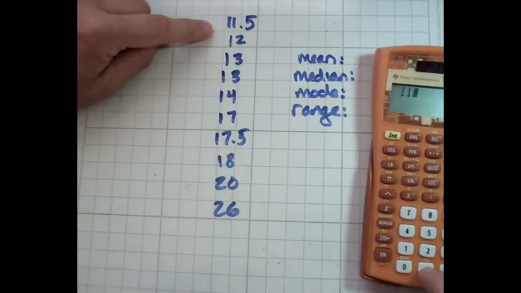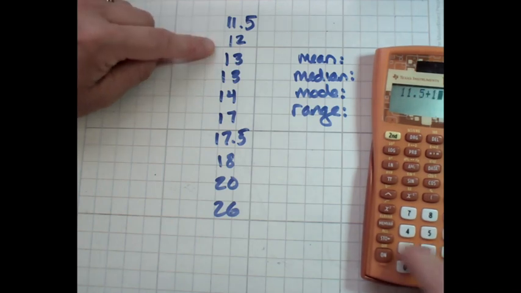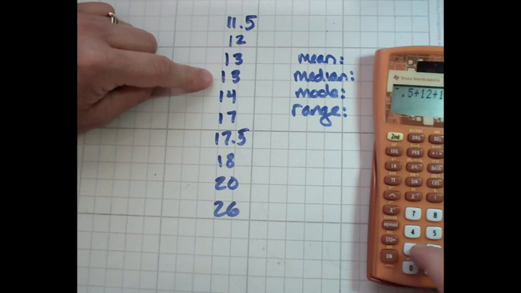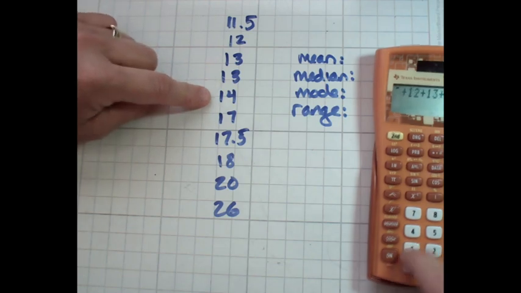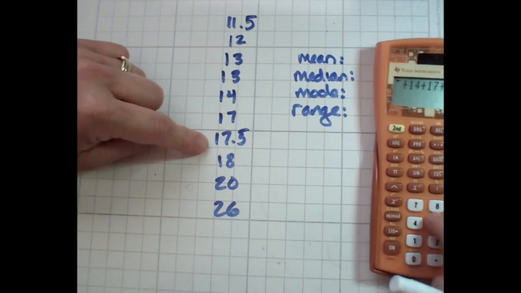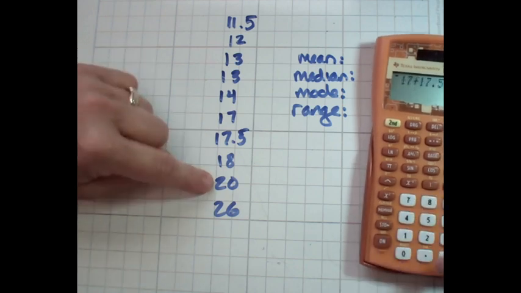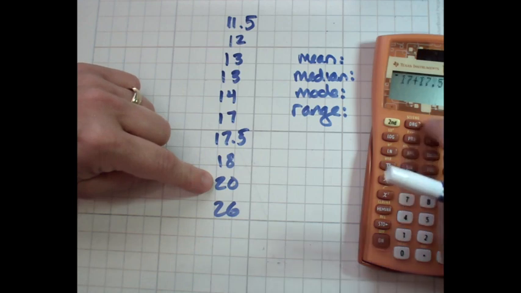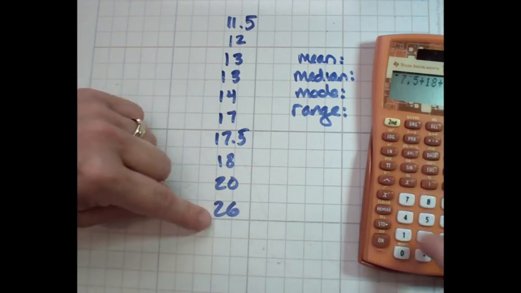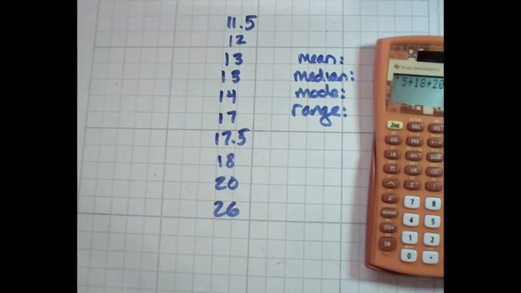So 11.5 plus 12 plus 13 plus 13 plus 14 plus 17 plus 17.5 plus 18 plus, oh, this is why I need a calculator. So I'm going to start over. Plus 20, plus 26. I like a two-line calculator so I can see if I'm typing everything incorrectly, and if I make a mistake, I can just delete it.